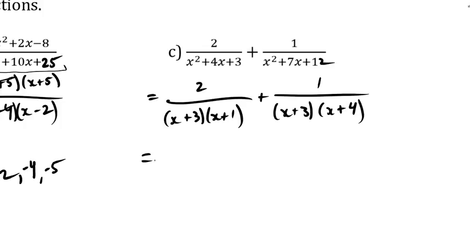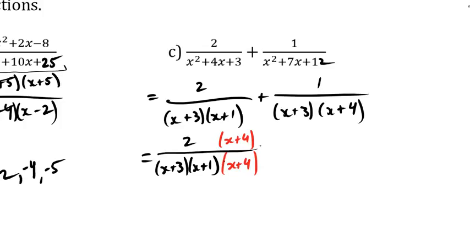So if you want to just watch, I'm going to start with what I already have, and then what do I have to add? I have to add an x plus 4, and whatever you do to the bottom, you have to do the top, right?